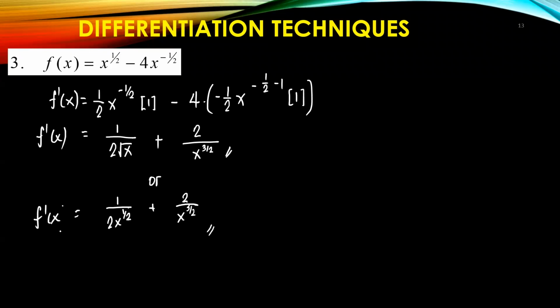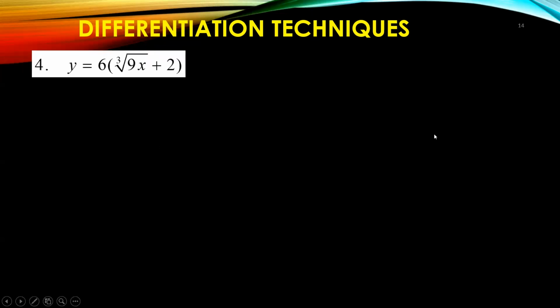Do you also need to simplify further as square root of x over 2x? This one is plus 2 square root of x over x squared. So let's go to the next.